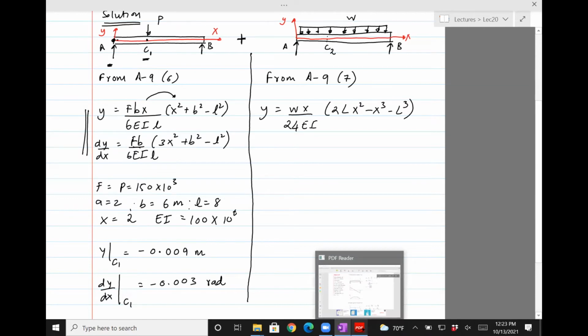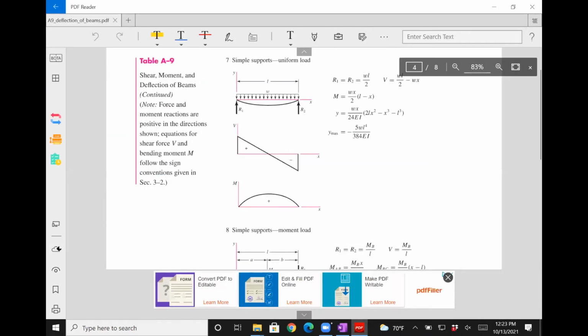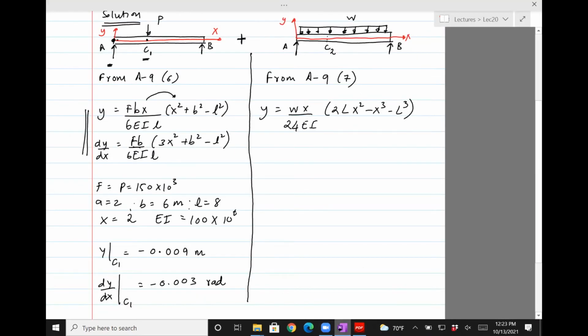Can check it quickly. It looks right. Okay, so define dy by dx. Again, the easiest way to do that is to move that inside. If you don't do that, you have to use the chain rule, but easiest is to just move that inside.